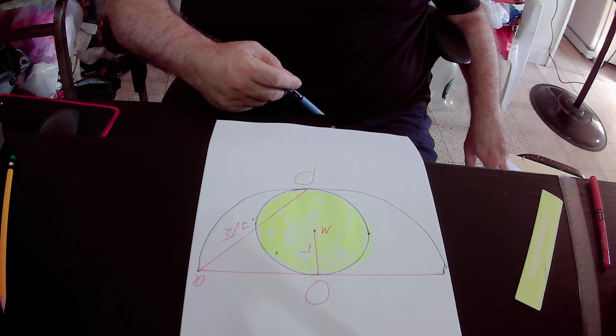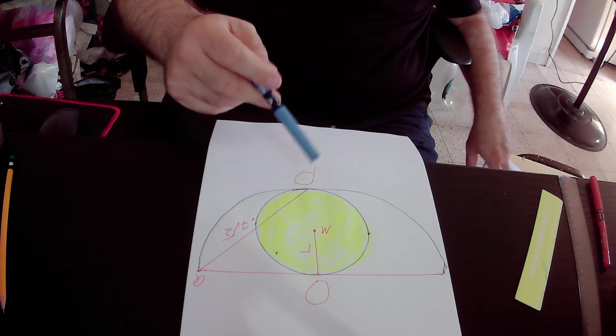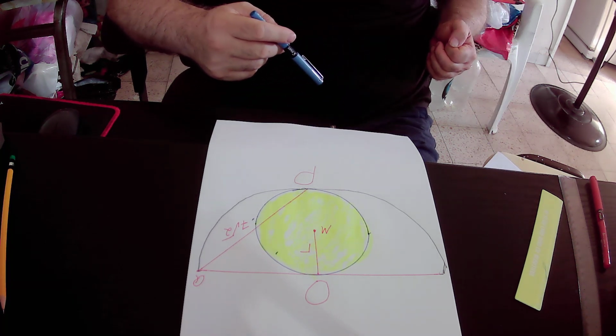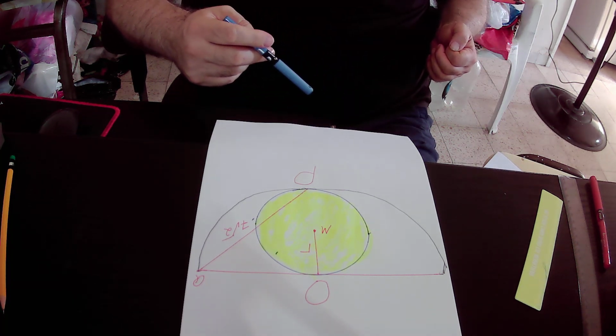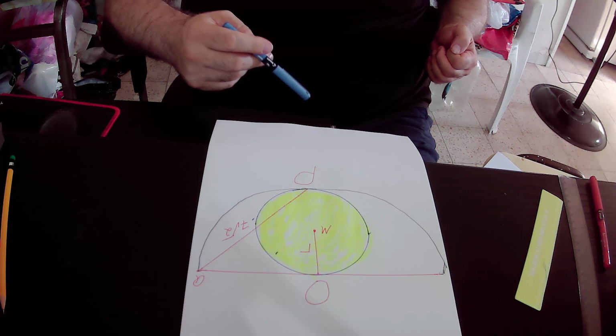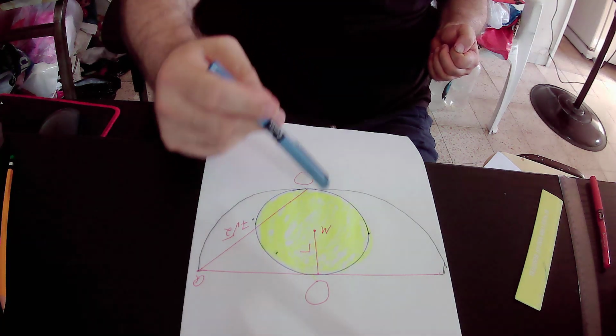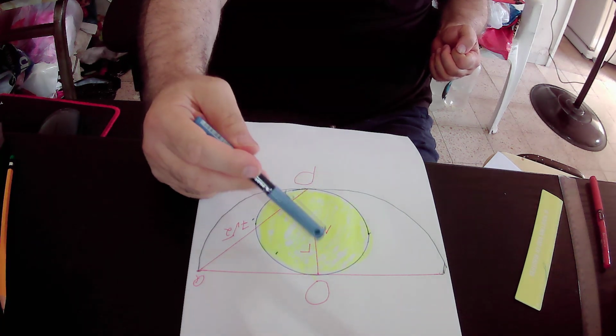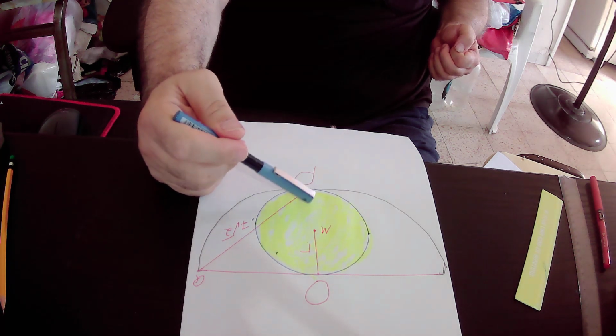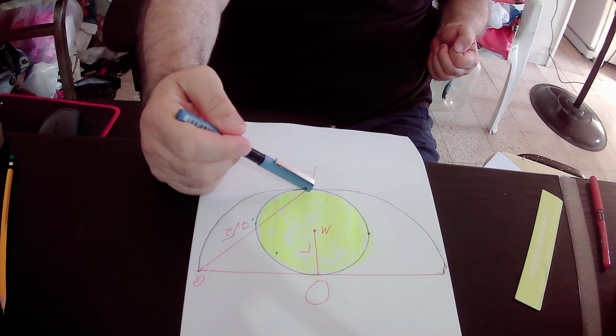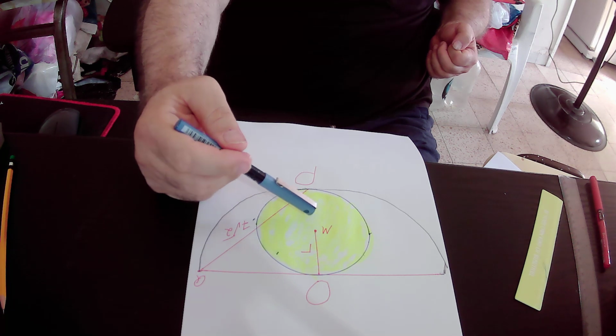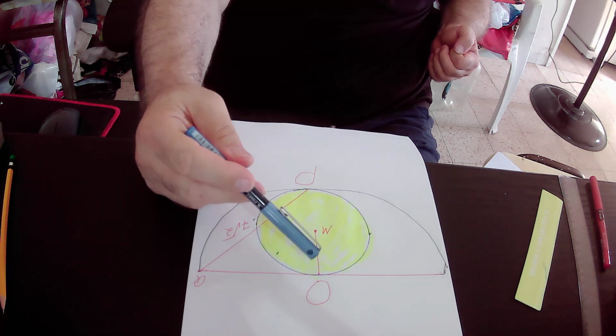So point P lies on a straight line. Which straight line? The straight line that joins the centers together.